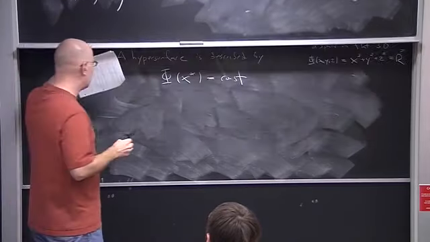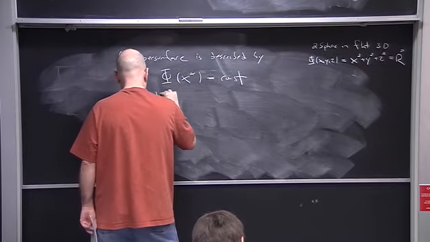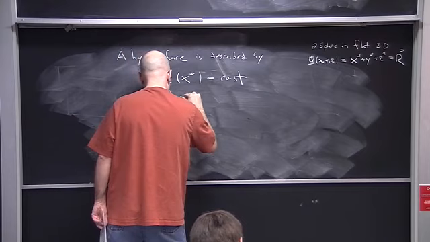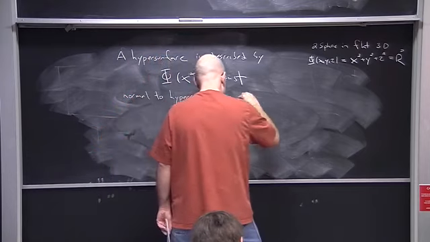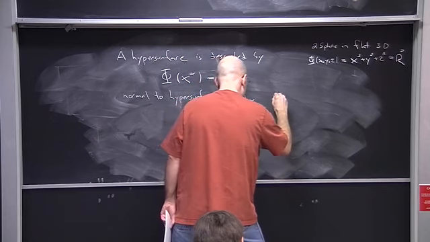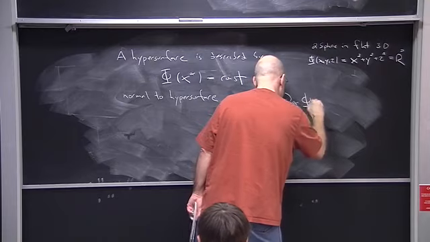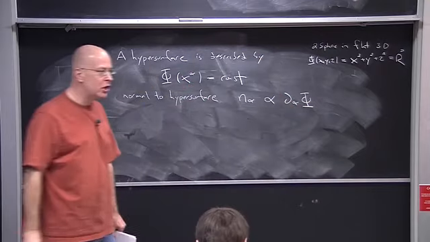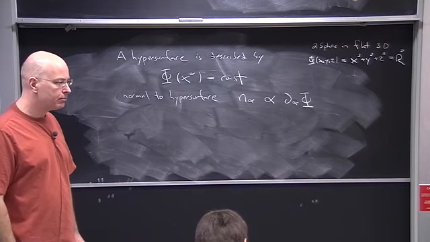So all I'm saying here is that the normal to the hypersurface, sometimes I call it n, is going to be proportional to the gradient of that function phi, because the function only changes as you go away from the hypersurface in the normal direction.